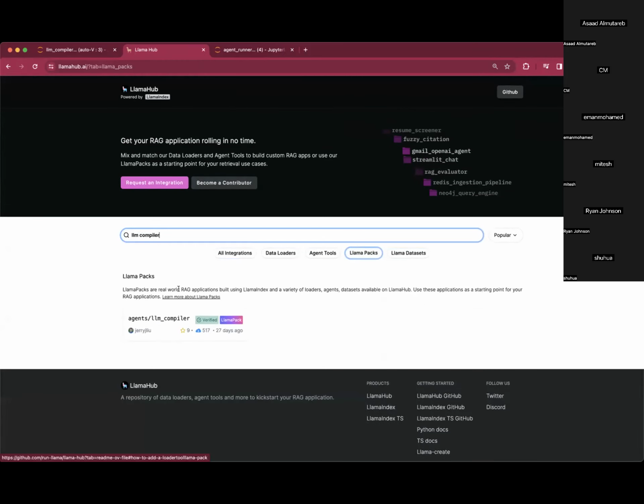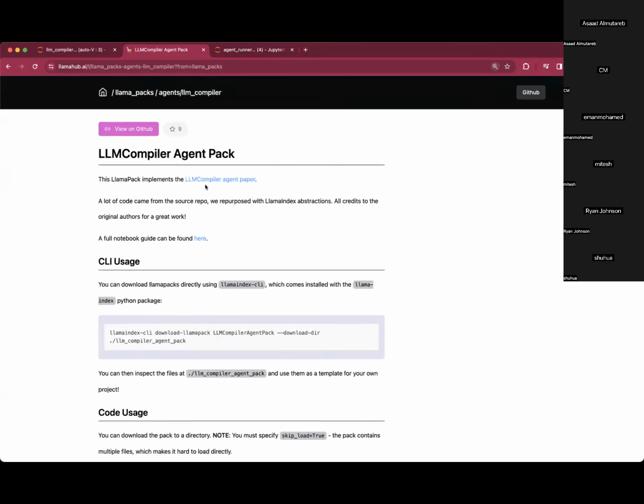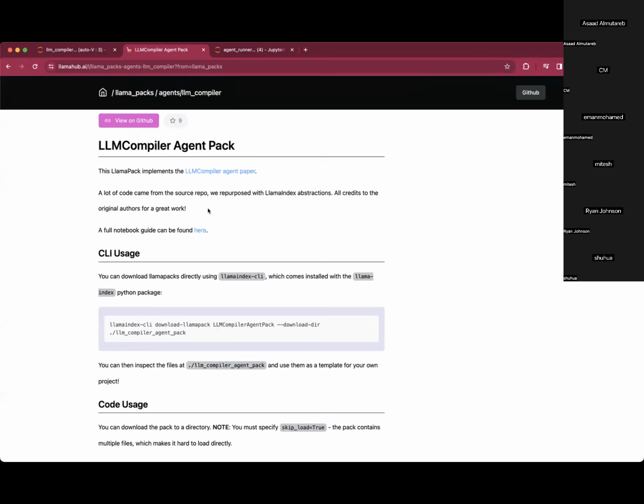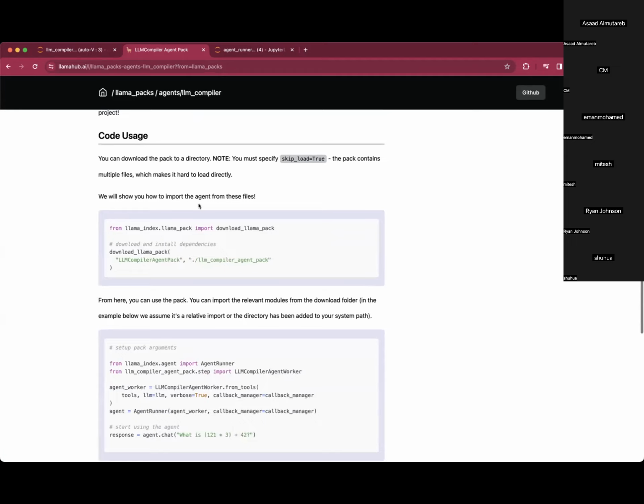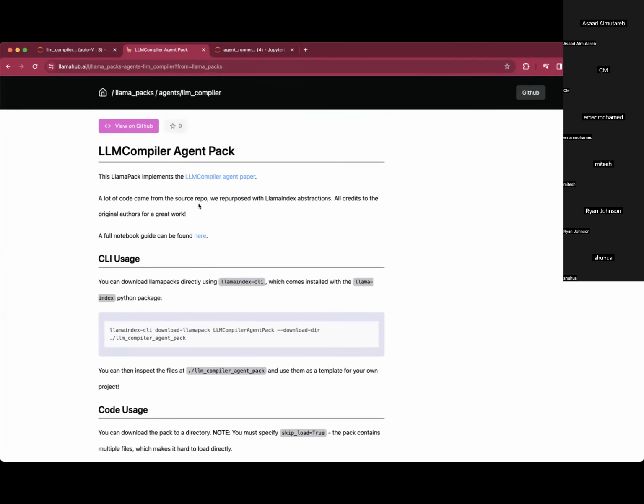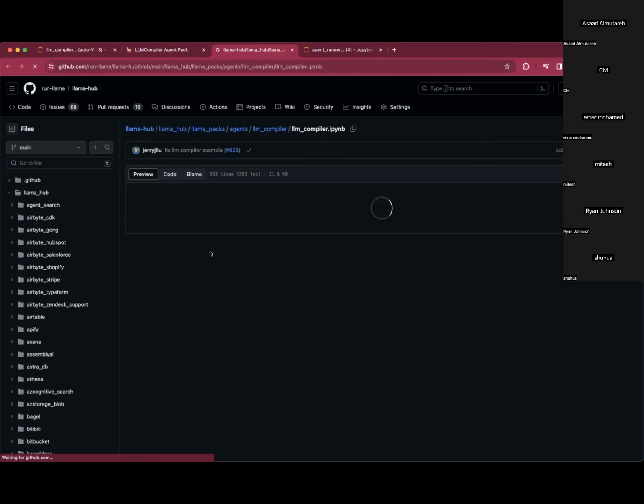So you just search for LLMCompiler, go here, and we implemented a version of LLMCompiler and borrowed a bunch of code from the LLMCompiler repo. So a big shout out to the authors for having an open source repo along with the paper, and we adapted it using LlamaIndex constructs. There's also a notebook guide that you can clone, download, and use for your purposes.